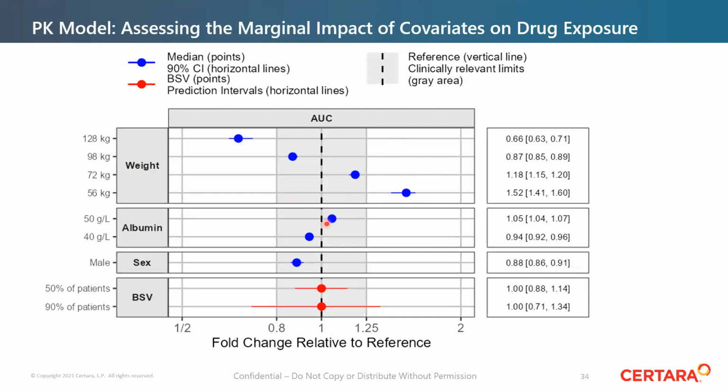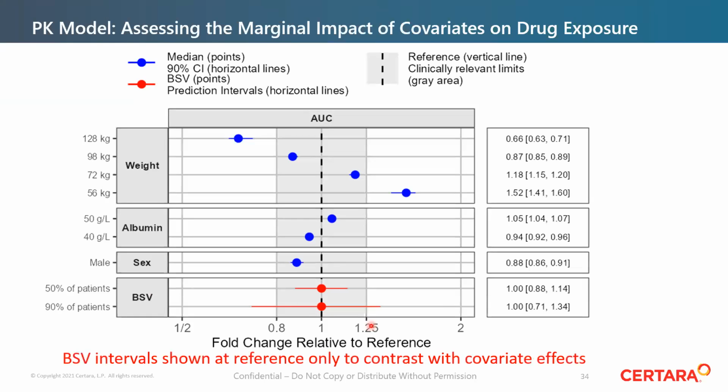So largest on top, second, etc. Here we can see weight has the largest impact. Albumin is within the clinical insignificance limit. Sex has a moderate or small effect. And as compared to BSV, whereas 50% of my patients and so on.